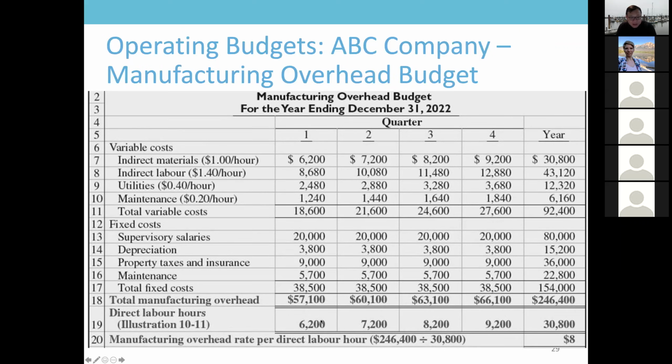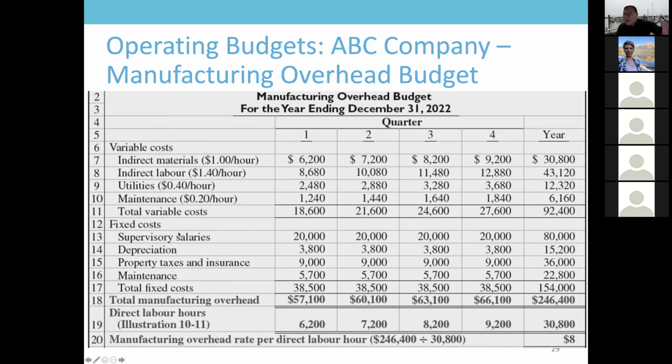Each direct labor hour costs $1 for indirect materials. We have 6,200 direct labor hours, so the cost for the indirect materials is $6,200. Then you do all this calculation and figure out the total variable overhead.